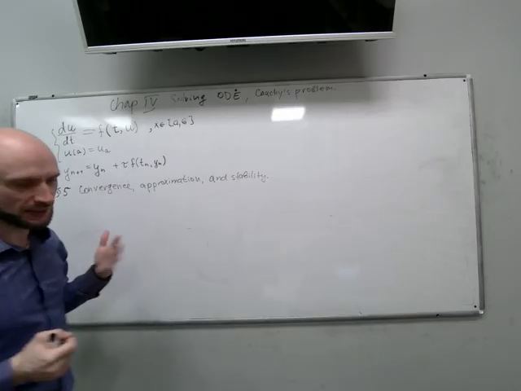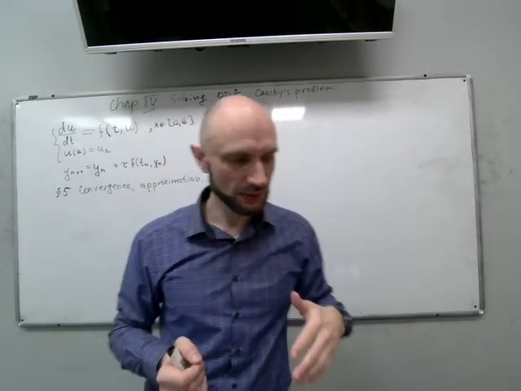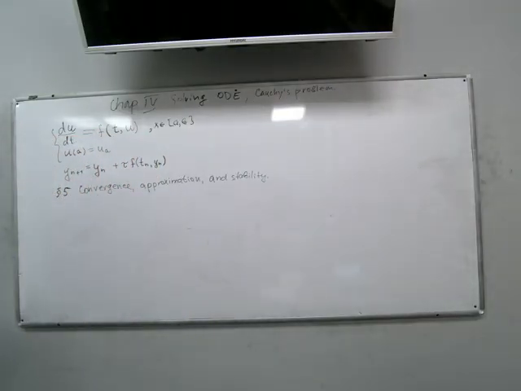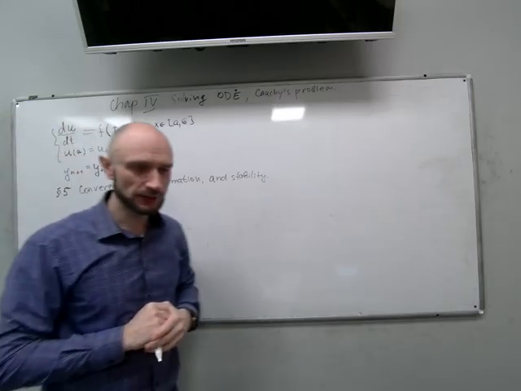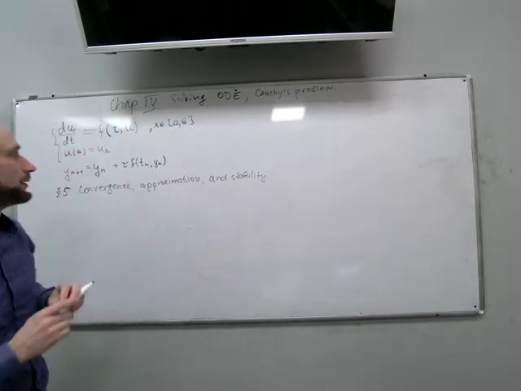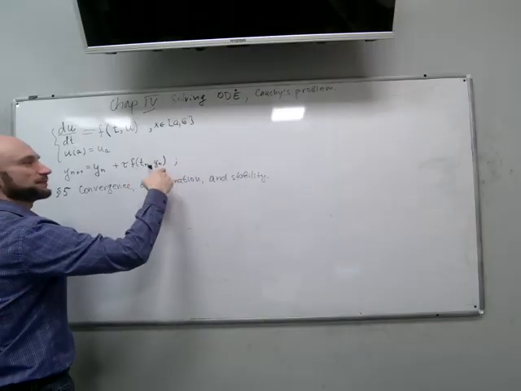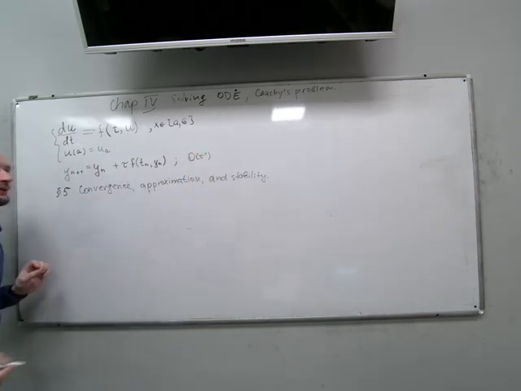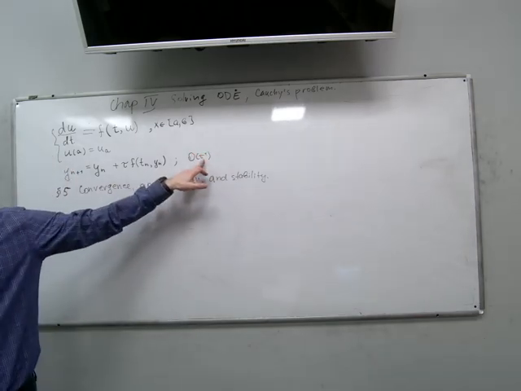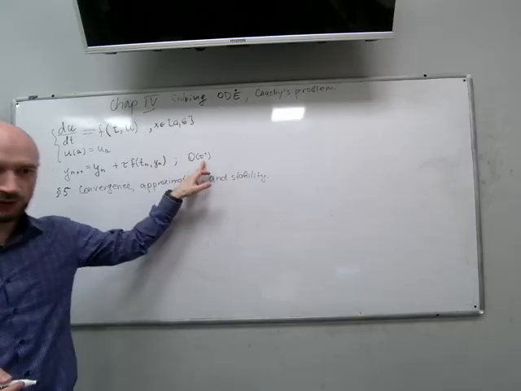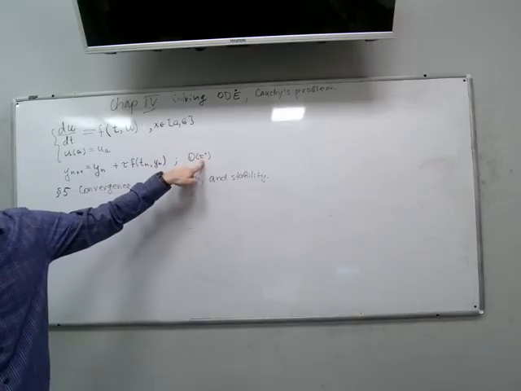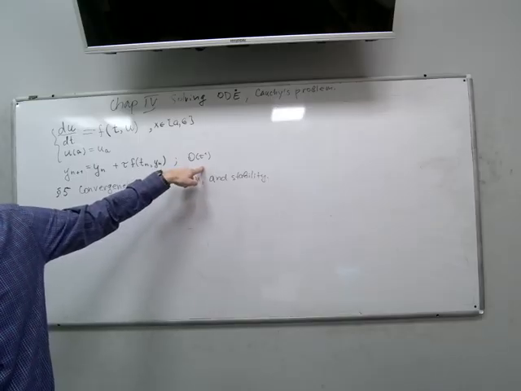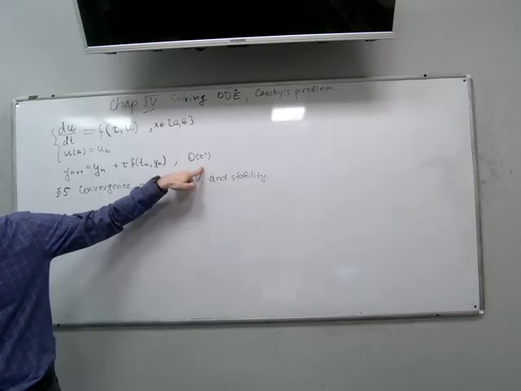We discussed a few points in this direction when we estimated the error for the explicit and implicit Euler method. And we found that, for example, for the explicit Euler method, the order of magnitude of the error is O of the time step to the first power. And we also discussed that this error is smaller for the trapezoidal rule, for example.